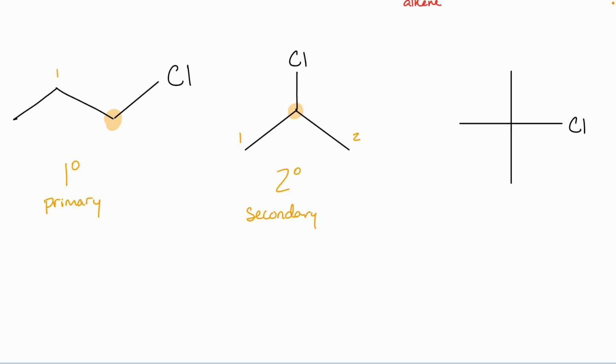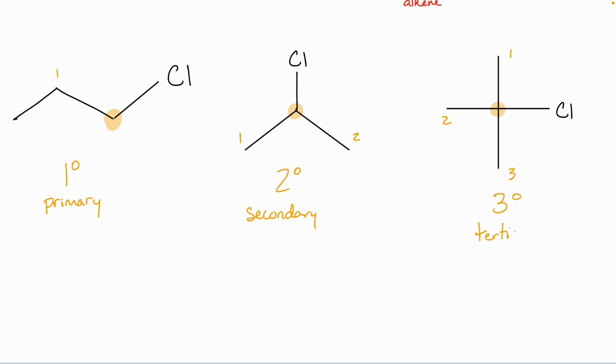All right, and then lastly, this one here, I look at the carbon at the base. It has 1, 2, 3 neighbors. This is a tertiary alkyl halide.